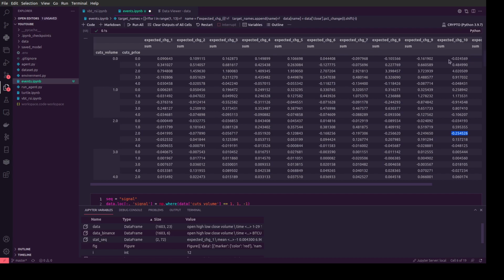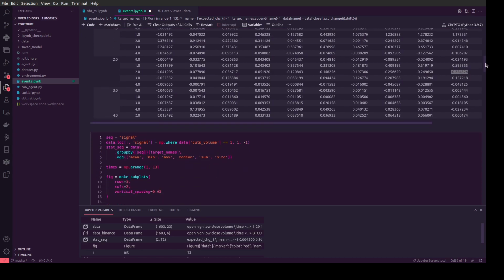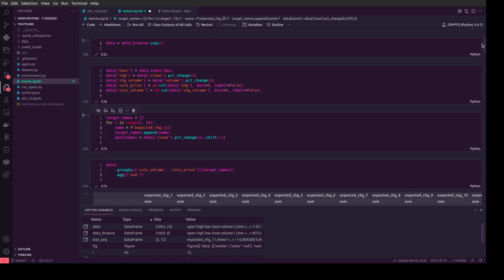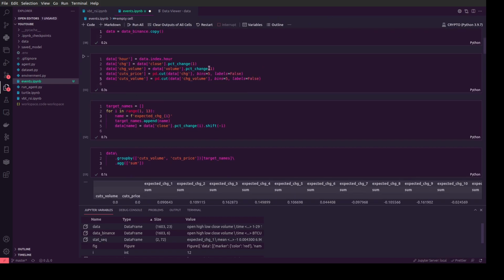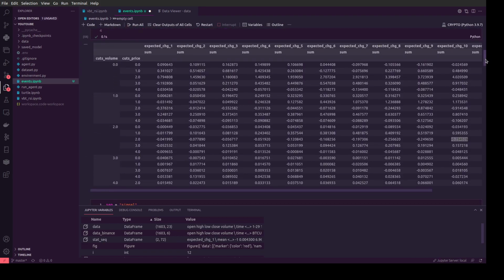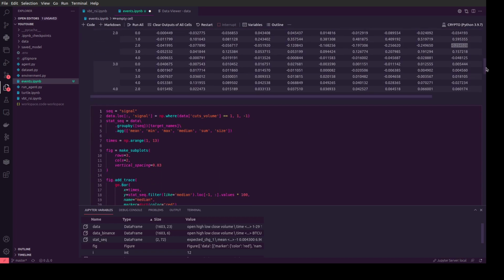Because we have historical prices and all this data, we should use it to improve our trading. So let's create some events. I create a signal, and I define, for example, that I would like to see what happens if the volume quantile is 1. In general, these are categorical variables, and we have only 5 categories, so the value could be 1, 2, 3, 4, or 5.